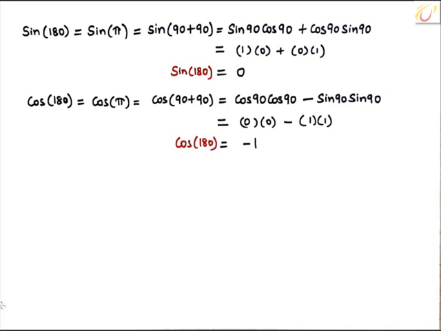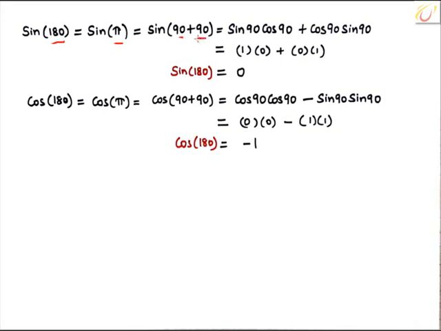Now let us focus on one of the most important values of sine, that is sine 180. Sine 180 can also be written as sine pi when we take the angles in radians. So 180 can be broken up as 90 plus 90.